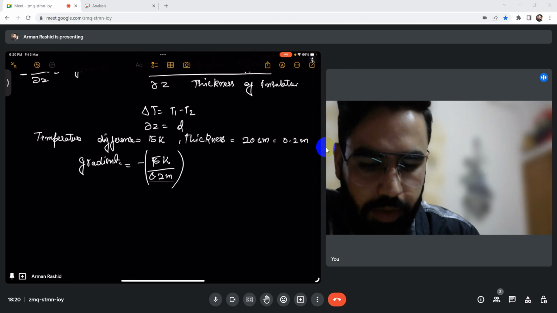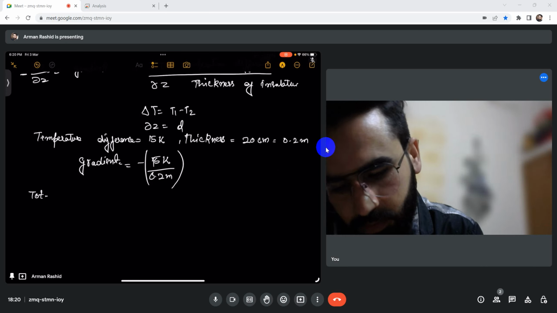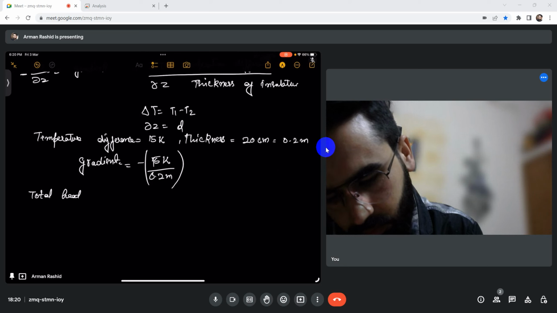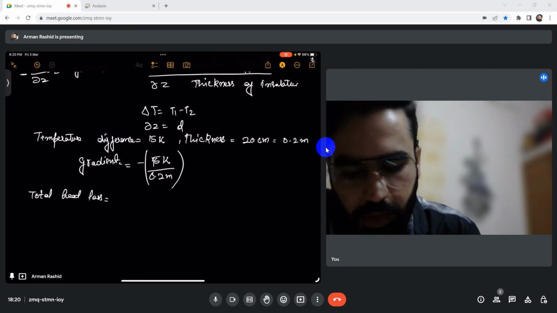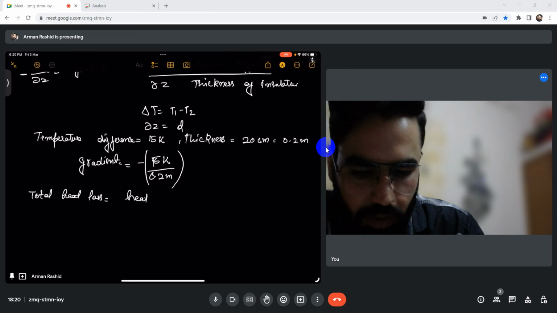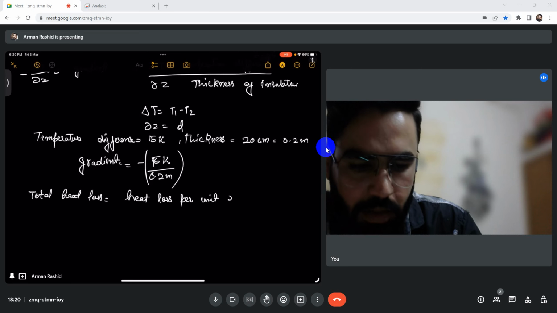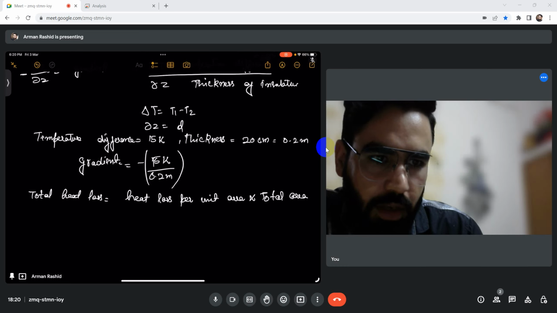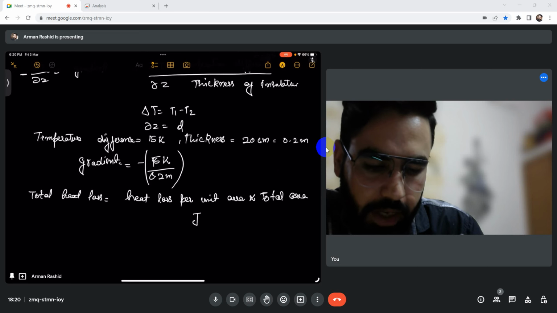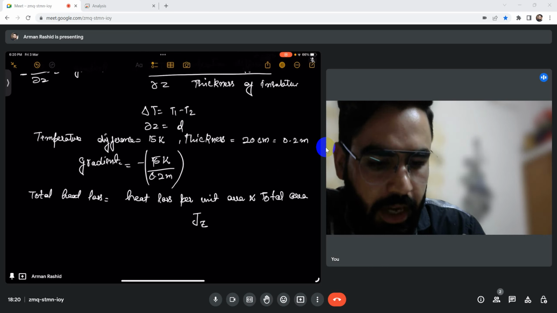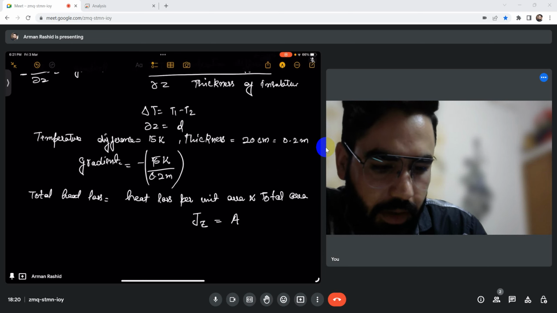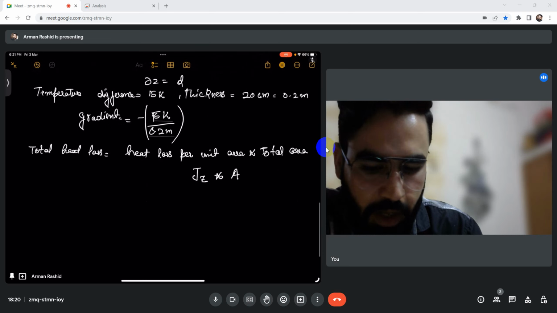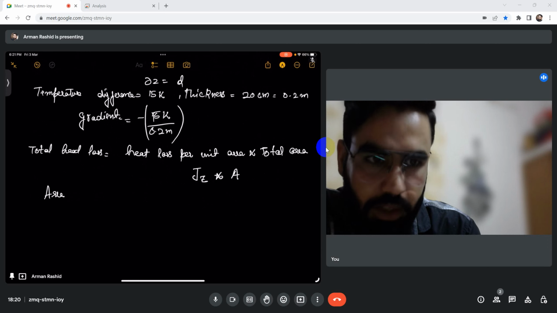What will be the total heat loss? The total heat loss will be the heat loss per unit area multiplied by the total area. Heat loss per unit area per unit second is given by our heat flux, and then we have to calculate the total area.